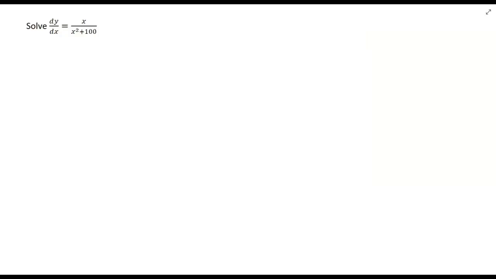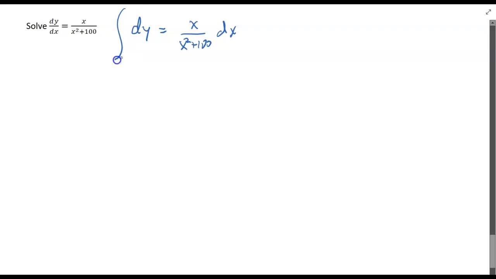So here's a straightforward differential equation. We're going to separate our variables. So I get dy equals x over x squared plus 100 dx. Integrate. The antiderivative of 1 dy is y. And here I'm going to do a u du. U is the denominator, du is the derivative of that, so I put a 2 in there and a 1/2 in front.